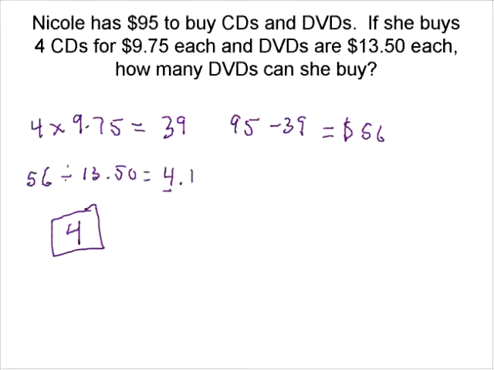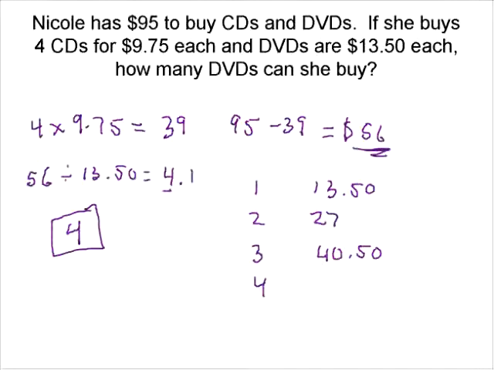If you don't like the dividing, or if you want to see another way to look at this, you just figure out how much it would cost. 1 DVD is $13.50. 2 DVDs would be $13.50 plus $13.50, or $27. 3 DVDs would be another $13.50, which would be $40.50.